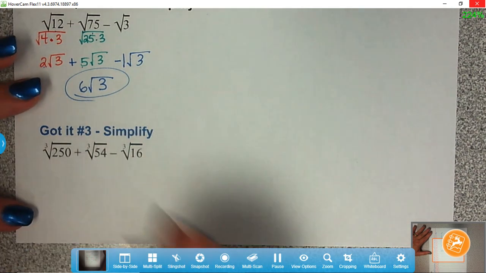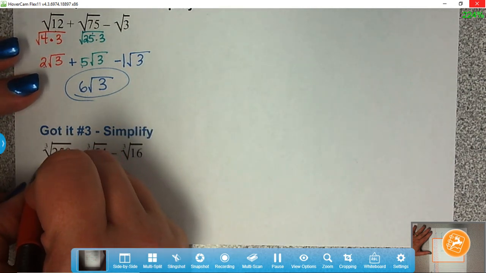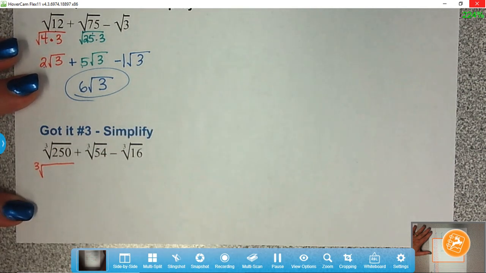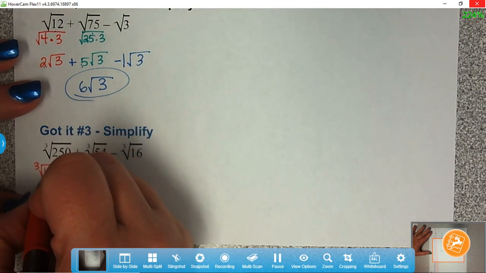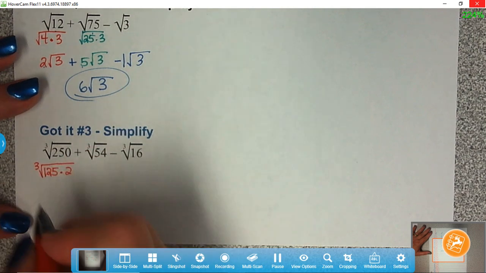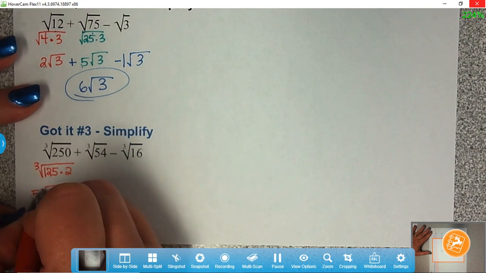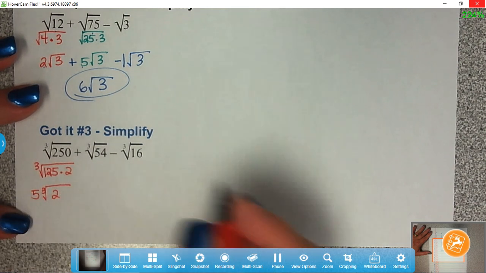All right, what I would do here is go ahead and simplify each of the radicals. I know that 250 can be broken down into 125 times 2. So that will give me 5 times the cube root of 2.